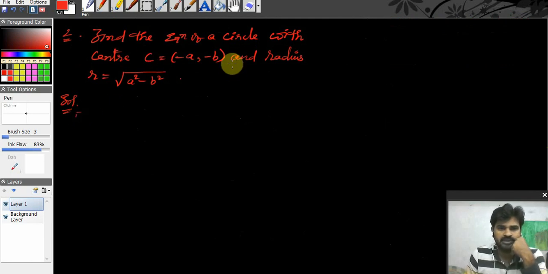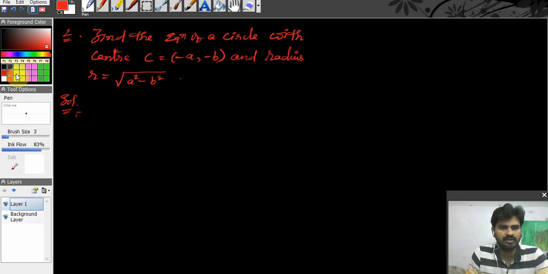Look here, one more problem. Read the given problem carefully. In this problem, one point is there, c is equal to minus a comma minus b. What about this point? This is the center. Next, one more value is given, r is equal to root of a square minus b square. What about the r value here? Yes, this is the radius.